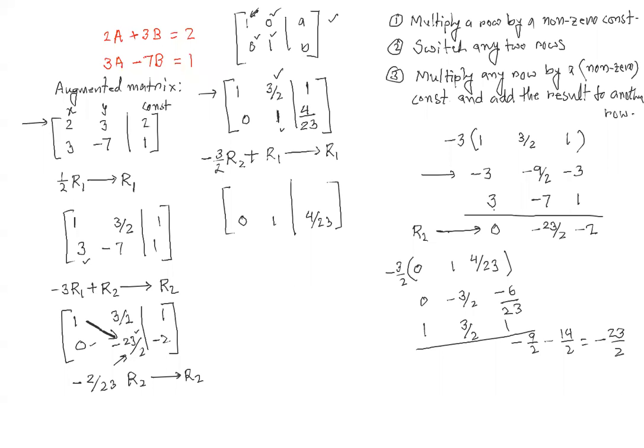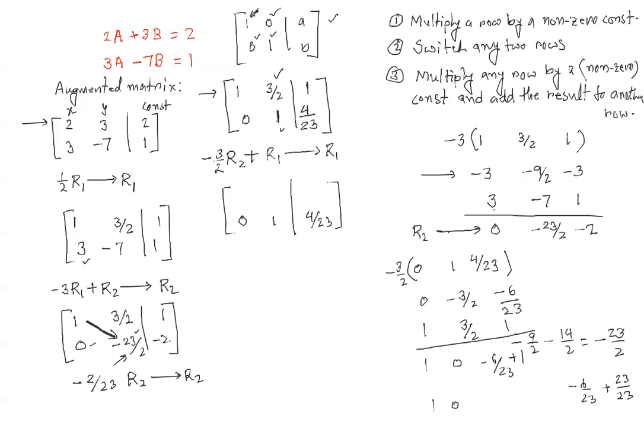Okay, so if I add these rows, I get 1, 0, and -6/23 plus 1. So -6/23 plus 1, where 1 is 23/23.